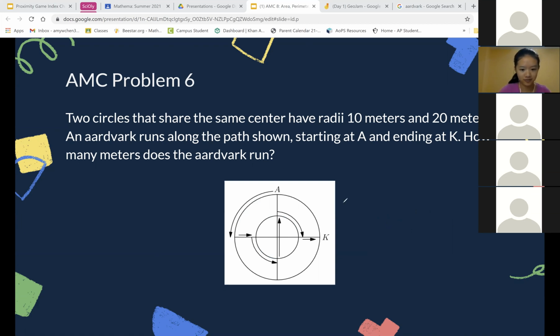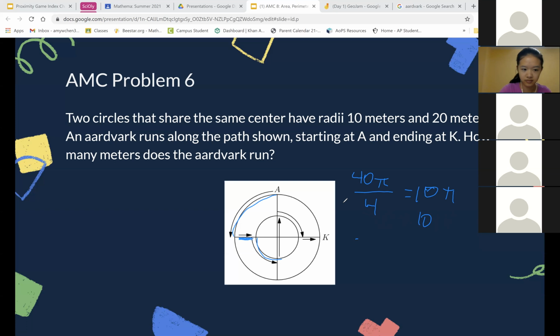So, if the bigger circle has a radius of 20 meters, then the diameter would be 40. So circumference would be 40 pi. And if you take a fourth of that, that's 10 pi. And then the distance between the A circumference and B circumference is also 10. And the diameter of the smaller one is 10, because 5 plus 5 is 10.